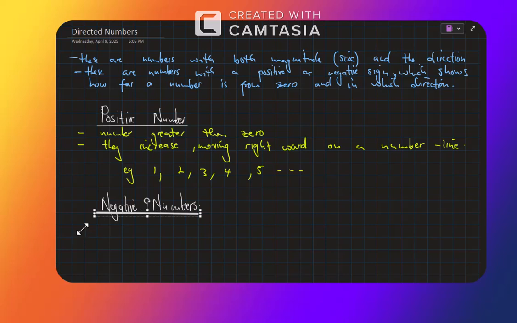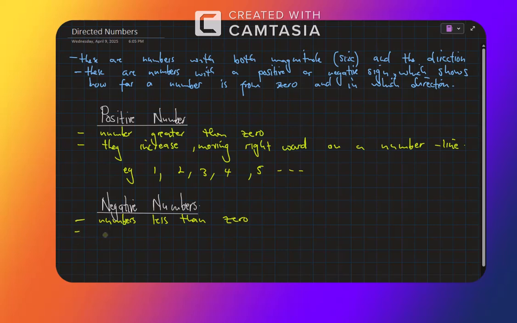So these are numbers which are less than 0, and they decrease, moving leftward on a number line, right?